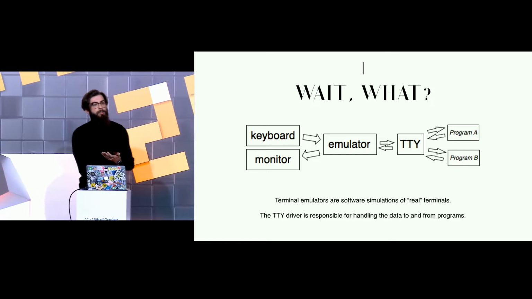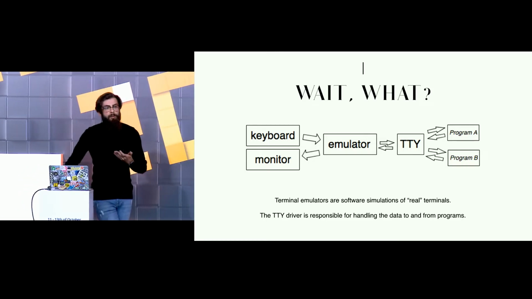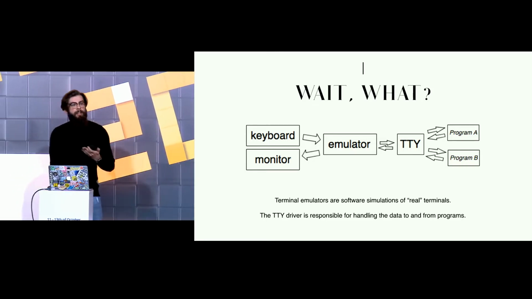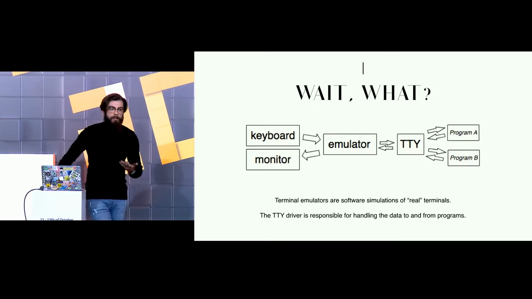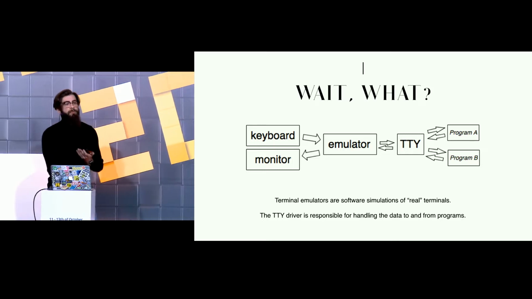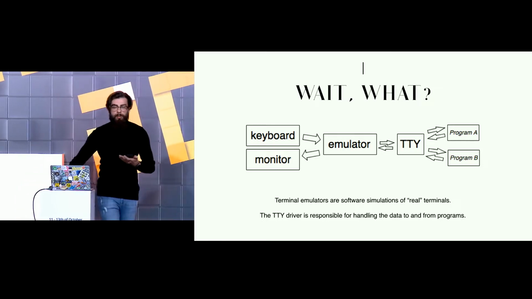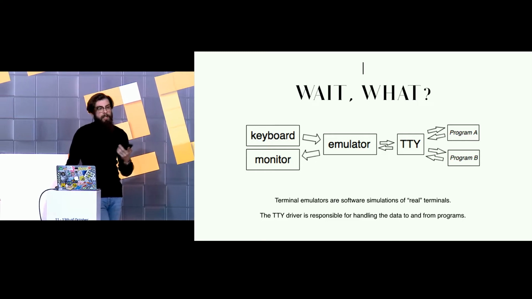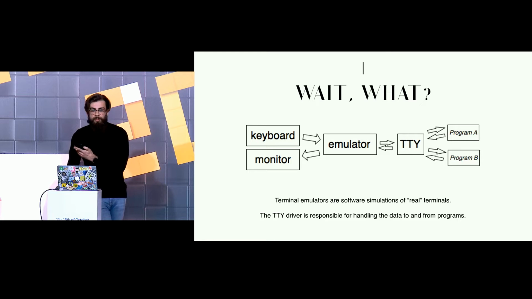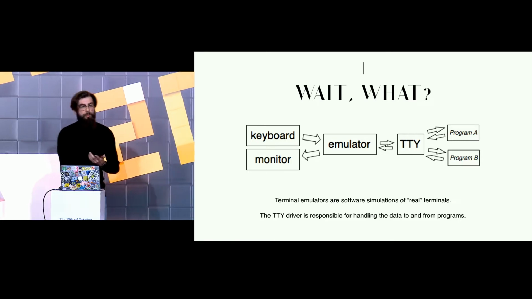And that is what communicates to your programs. And your programs can have streams attached to them so that they can get things through standard input and give back output to standard error or standard output. And it's really important to know how those things work so you can use them efficiently. And basically what happens is your input goes all the way from your keyboard to your emulator to your TTY to the programs and gets back to your monitor.